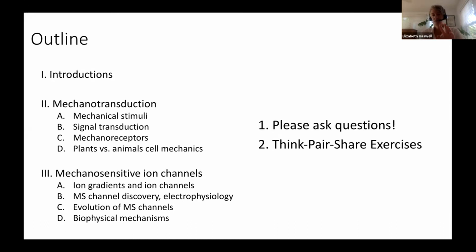The idea is that there are 3 steps. First, you think about the answer to the question, which will ask you to integrate some of what I've presented. Then you pair, or it'll probably be more than pairs, and talk about the answer with your partners in your breakout group. Then you come back here and share your answers. So it's an opportunity for you to first think on your own and then have more of a discussion. Okay, any questions before we get going?